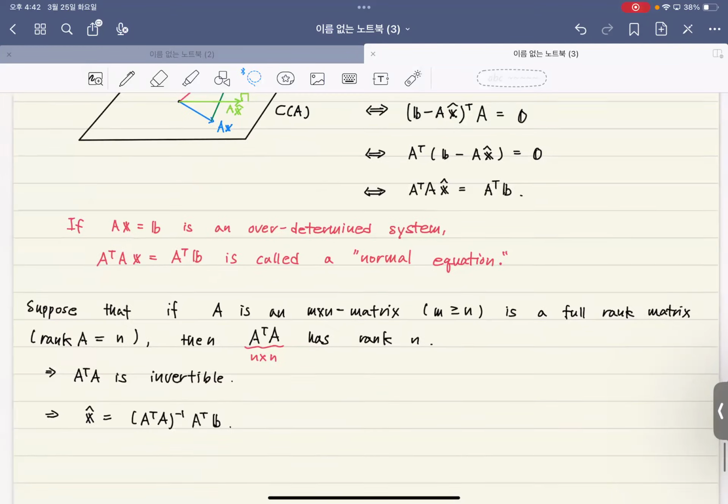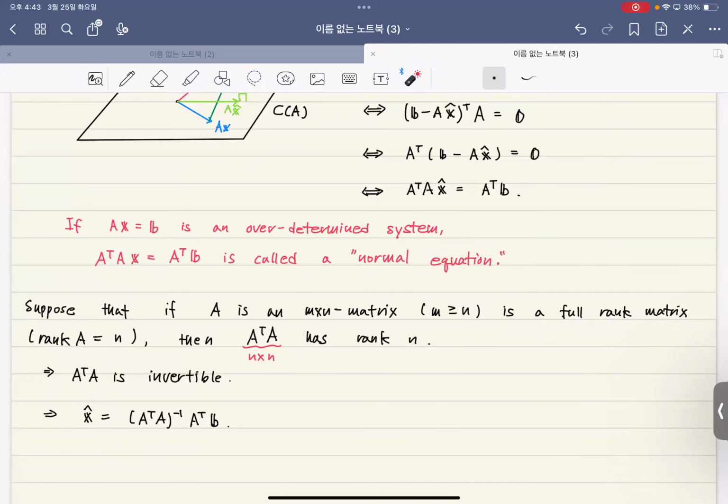Now, to make our life easier, let me assume that A is a full-rank matrix. So A is an m by n matrix and full-rank. Since the number of rows is greater than or equal to the number of columns, the rank of A must be n, right? Being full-rank means the rank of A was n.